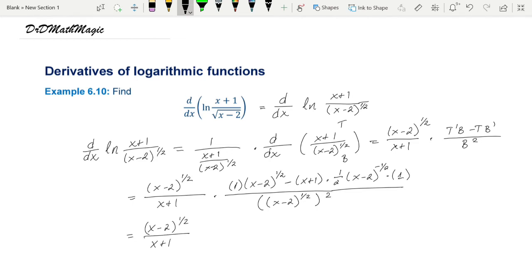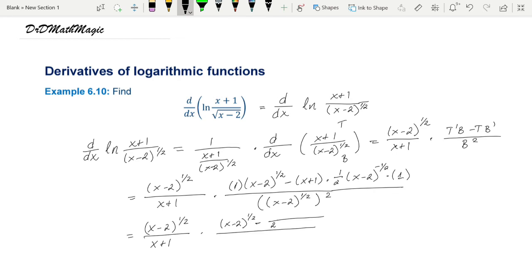So let's copy the first part, x minus 2 to the power of 1 half divided by x plus 1, and let's try and clean up the second part. So in the numerator we have just x minus 2 to the power of 1 half, and then minus, and then I have a fraction. So what's in the fraction? I got a 2 from the 1 half.